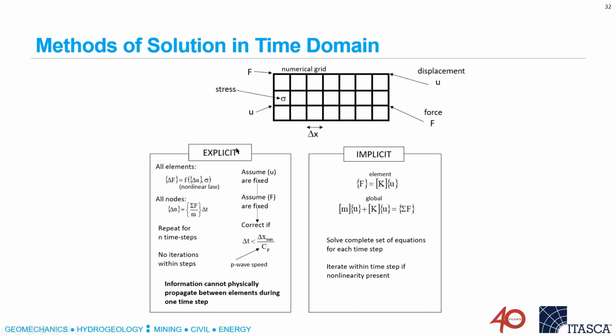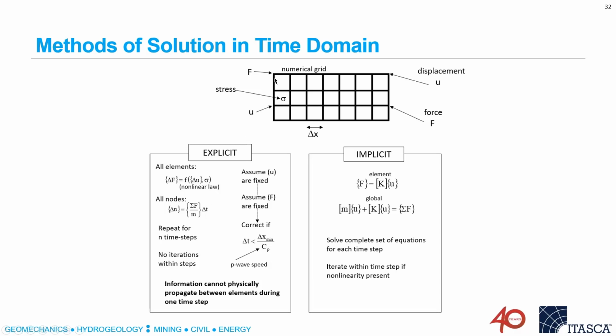finite elements. On the left-hand side, finite difference, an explicit formulation here, which is somewhat different. So we assume at one point that all the displacements are fixed, and we calculate forces acting on the corners of the elements, in this case, as forces through some constitutive relation, which can be nonlinear.